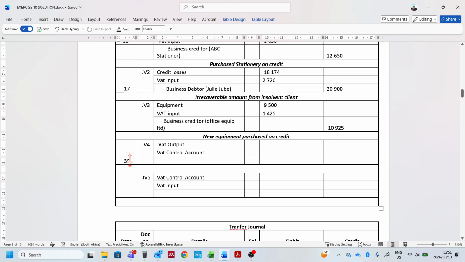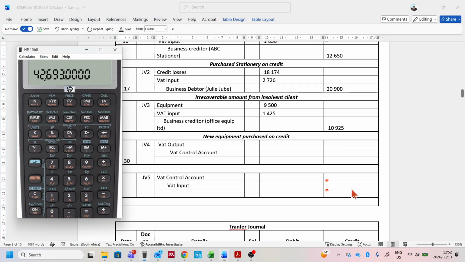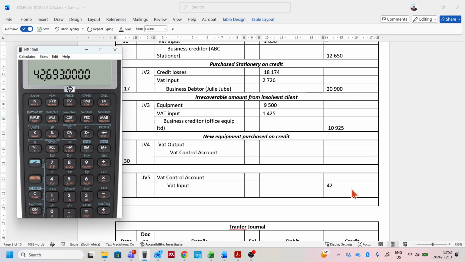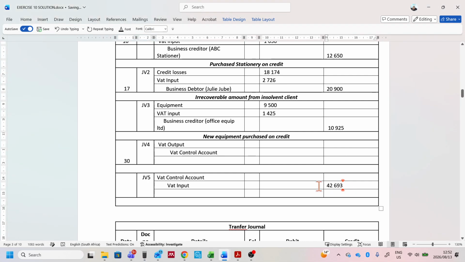Once we have identified the total VAT input, to say that your total VAT input that is being credited is 42,693, which is also going to be debited to your what? VAT control account.